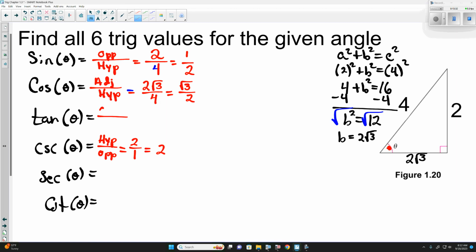Tangent is opposite over adjacent. Well, the opposite side is 2. The adjacent side is 2 square roots of 3. Now, the 2/2 will reduce, yes? But what's left in the denominator? You're right, our square root of 3.